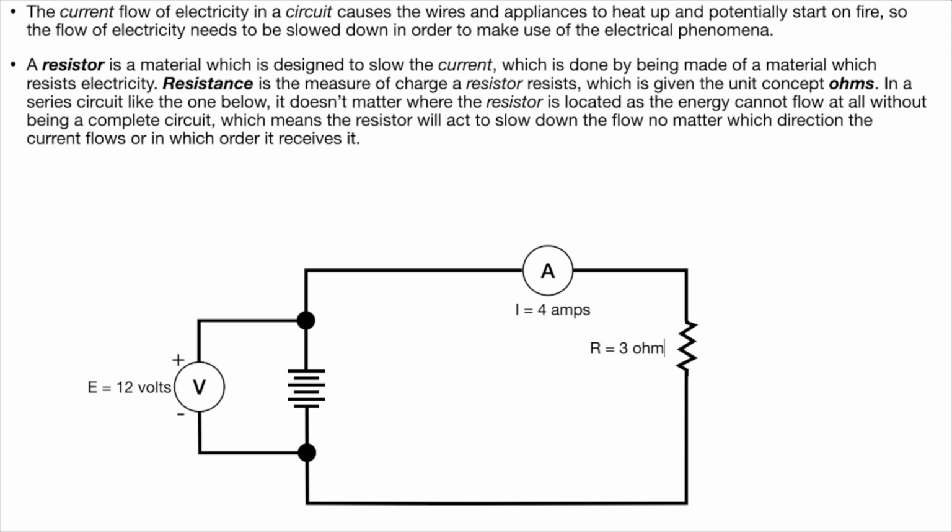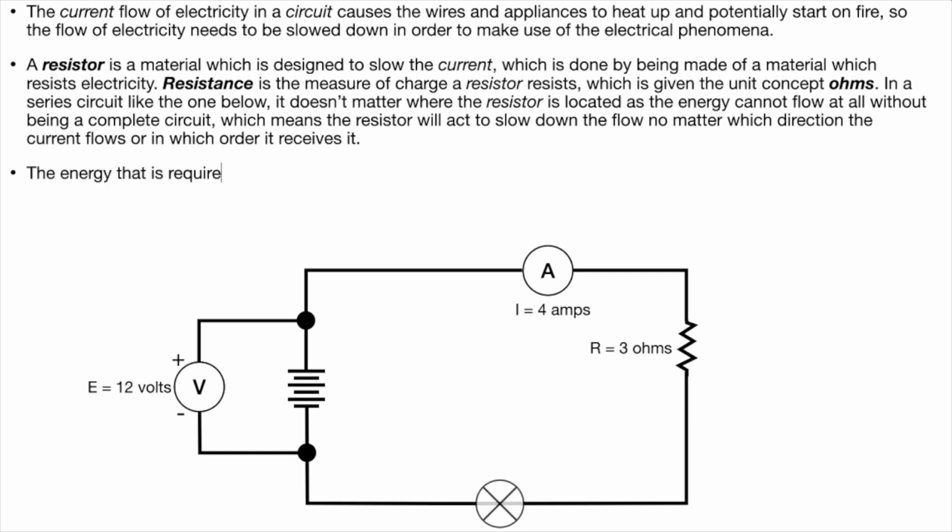Resistance is the measure of how much charge a resistor resists, which is given the unit ohms. In a series circuit like the one below, it doesn't matter where the resistor is located, as the energy cannot flow at all without a complete circuit, which means the resistor will act to slow down the flow no matter which direction the current flows or in which order it receives it. In this case, we're going to say the resistance is 3 ohms.